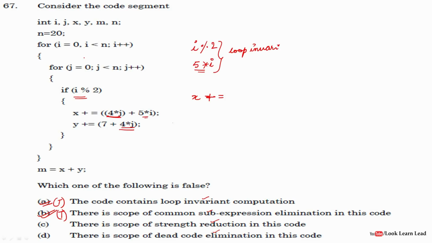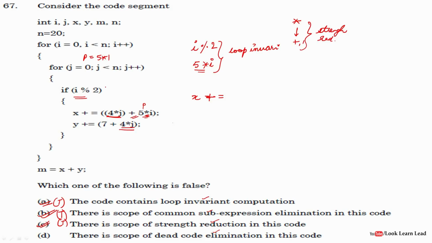Suppose here I have written p = 5 * i, and here I should write p. So the multiplication is converted into addition only. When a higher-strength operator is converted into a lower-strength operator, this is known as strength reduction. So strength reduction is also there, so option C is also true.